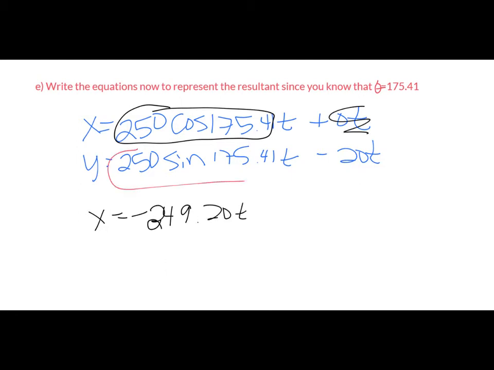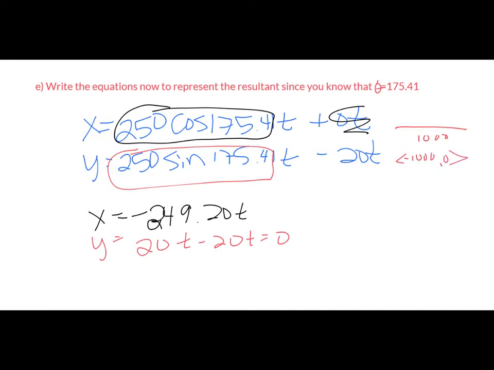Then when I stick this in the calculator, I get 20t minus 20t, which if I did it correctly, I should get 0. Because you remember you went 1,000 this way. So that vector over here should be negative 1,000, 0.